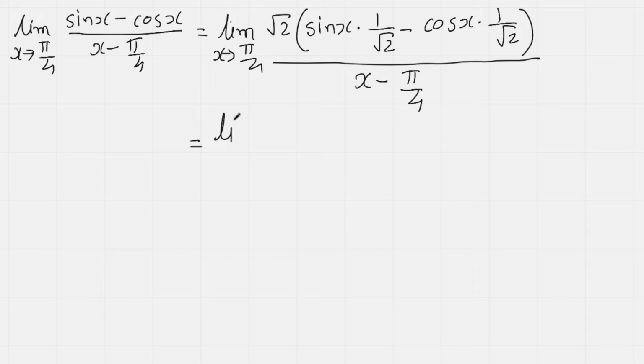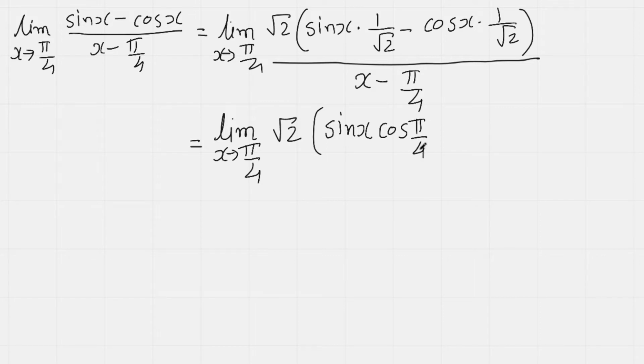So now this can be written as limit x approaches pi by 4. This square root 2 as it is. Sin x also as it is. Instead of 1 over square root 2, we can write cos pi by 4, because cos pi by 4 is 1 over square root 2, and minus cos x as it is.